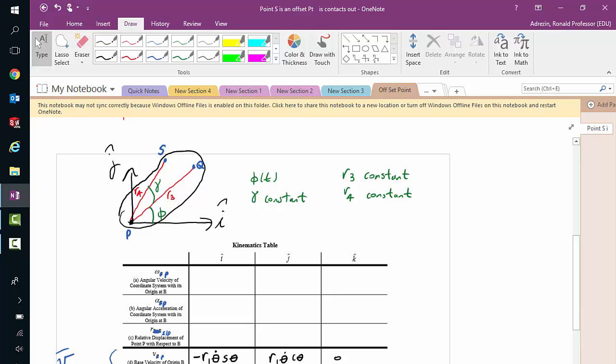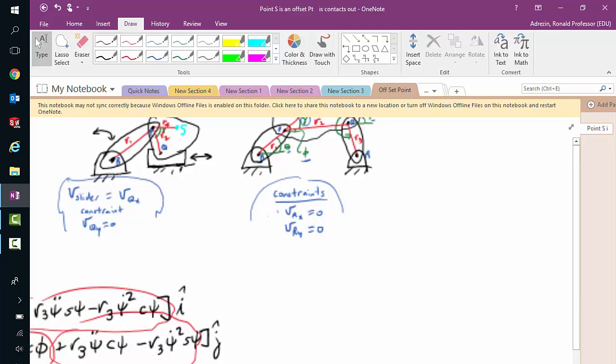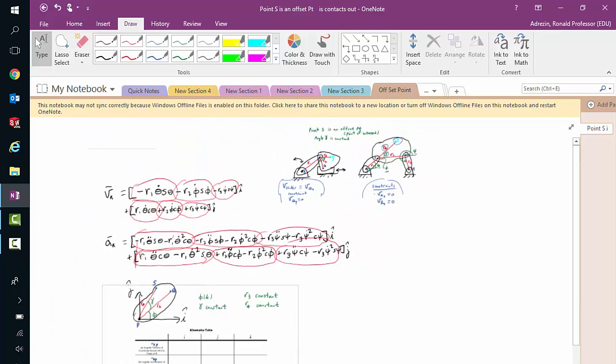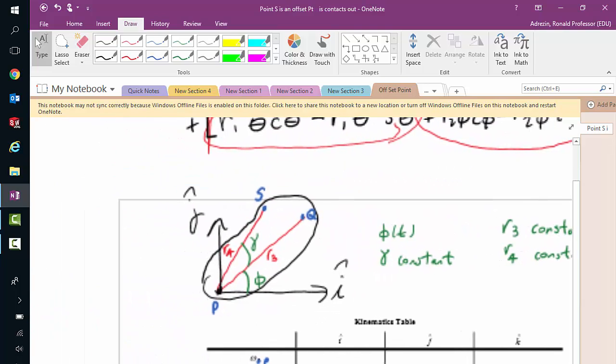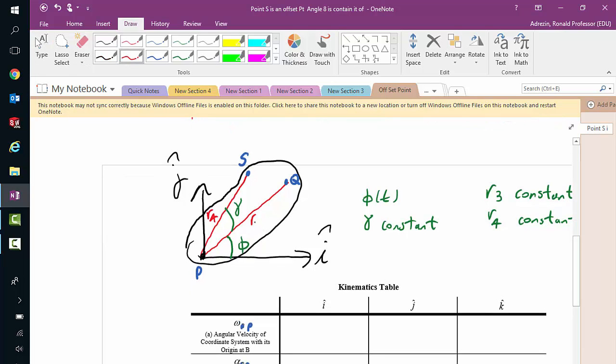We have the length R2 from P to Q. We have the length R4 from P to S. We have phi and we have gamma.